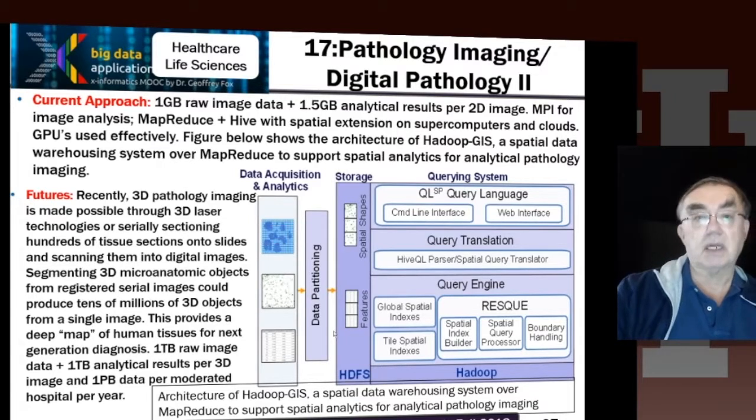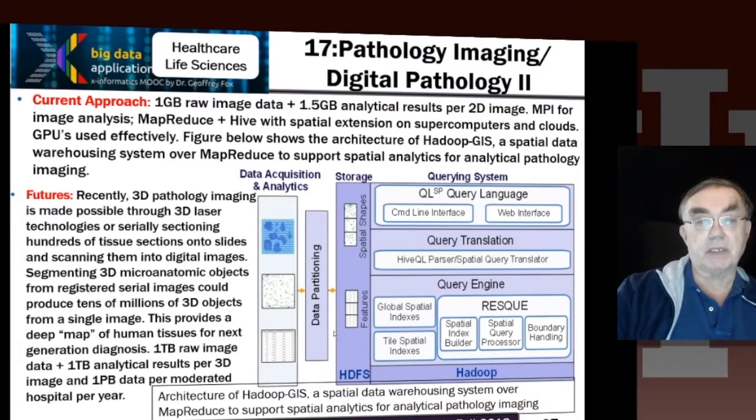So that's a much larger source of data, say, than the Large Hadron Collider, and much bigger than most other sources. So these images are used to support doctors' analysis.